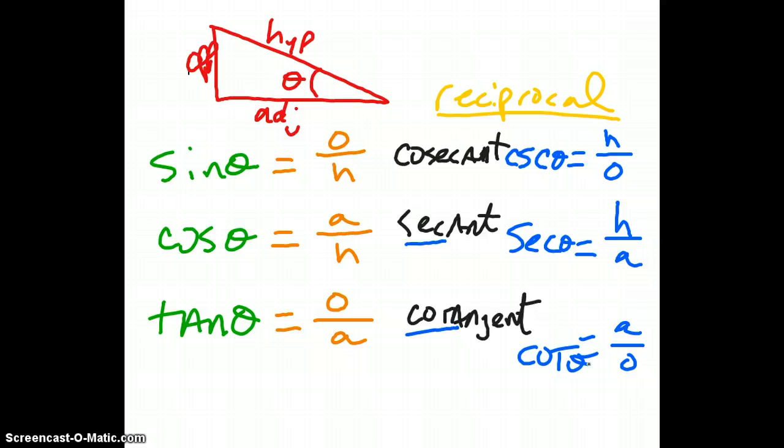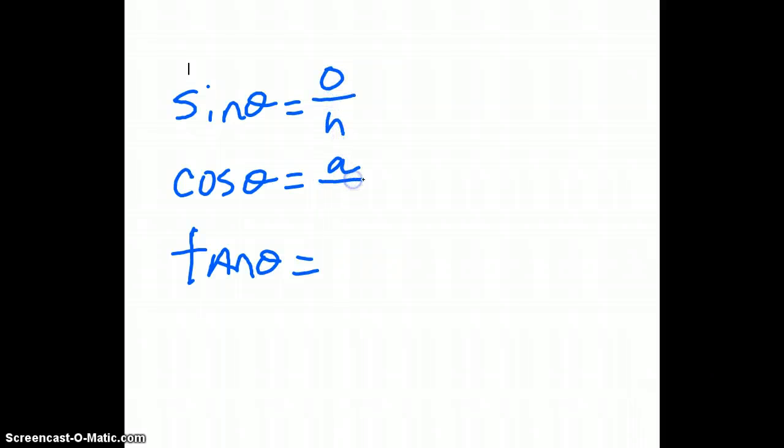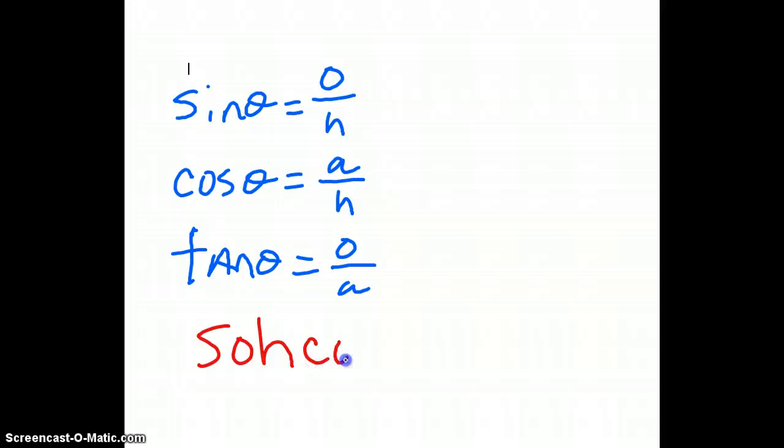So when you're asked, and you will be, what are the ratios of a particular right triangle, you have 6 trig functions. One is sine, cosine, and tangent. And again, these are defined as what? Opposite over hypotenuse, adjacent over hypotenuse, and opposite over adjacent. A way that we can remember these is what we call SOHCAHTOA.